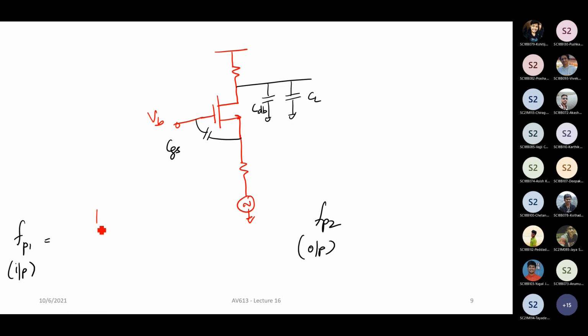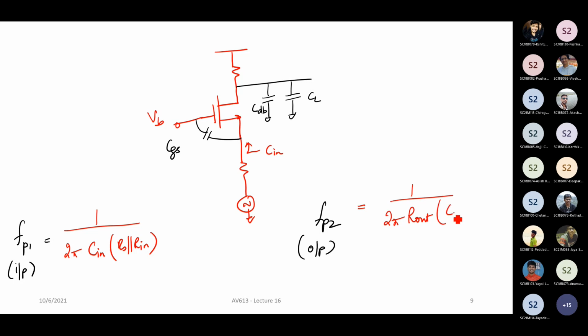You're basically going to have 1 divided by 2 pi times an effective Cin times Rs parallel to the input impedance. This is your input pole. What is your output pole? It's going to be 1 by 2 pi, the output impedance multiplied by CL plus CDB and other things. This is how your bandwidth is going to look.